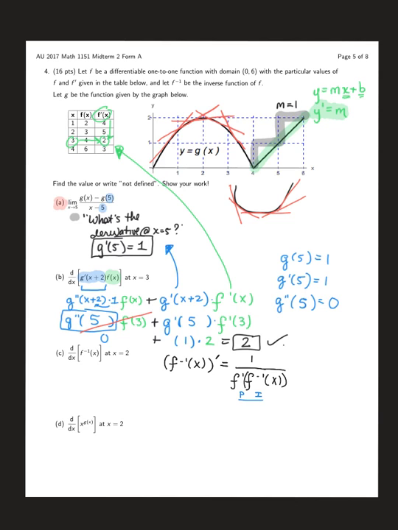So here, in order to find f inverse of 2 prime, that's equal to 1 over f prime of f inverse of 2. And remember, when we want to find f inverse of 2, that is asking us what number do we plug into our function to get 2 as an answer?